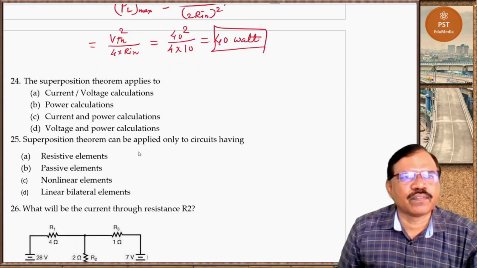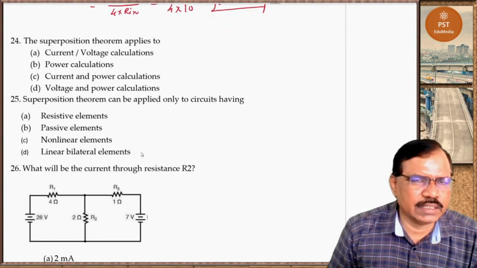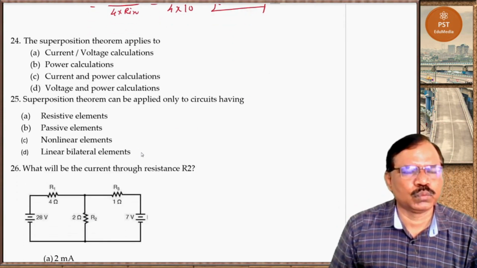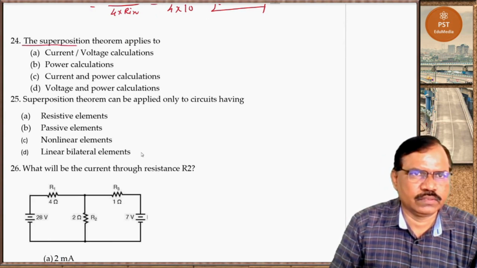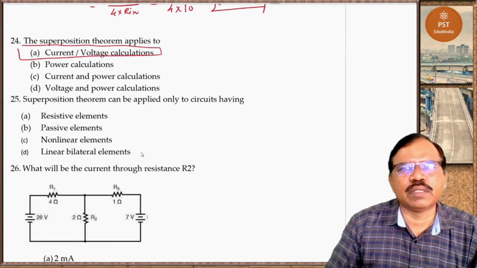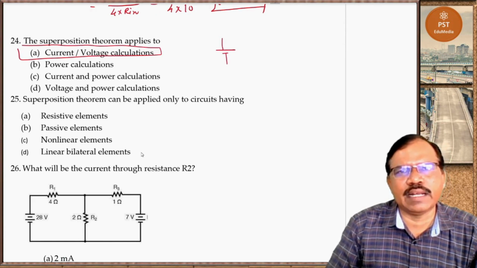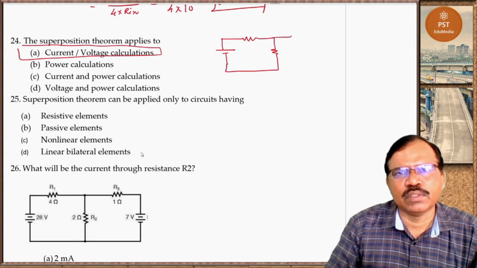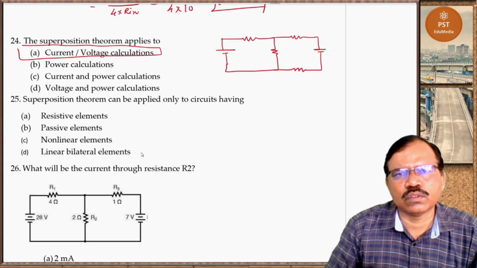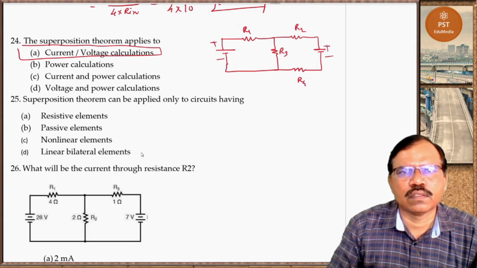Now next one. The superposition theorem applies to current and voltage calculations. Means in superposition theorem it is actually bilateral network. Means here we have number of, suppose this is some network.